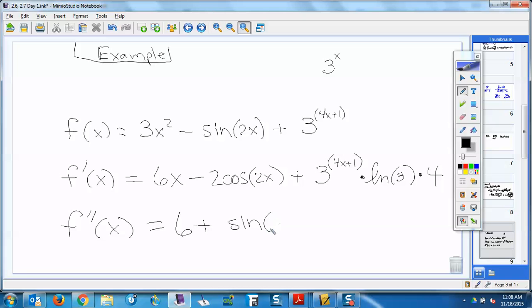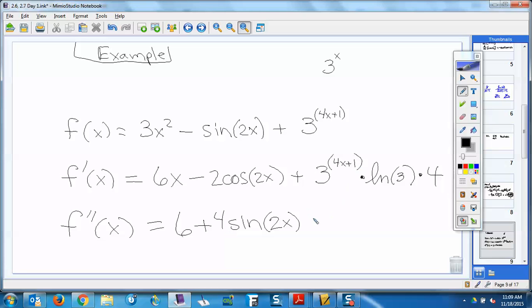Sine, what happens to the inside? Keep it. I got to kick out a 2, but there was already a 2 out there, so there's got to be a 4 on there. We kick out the 2, which is going to make a 4, and we leave the inside alone.